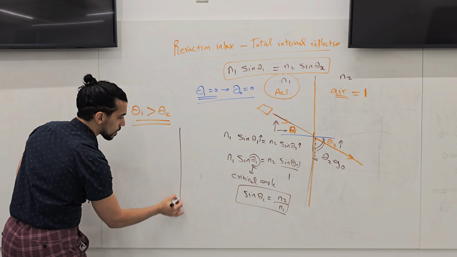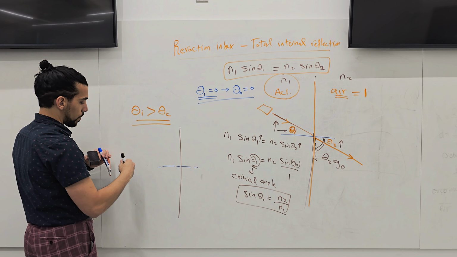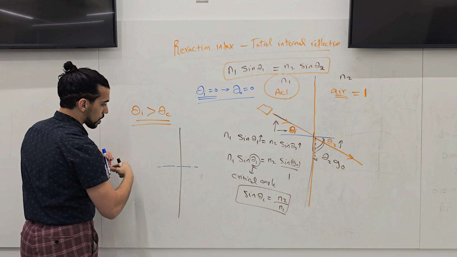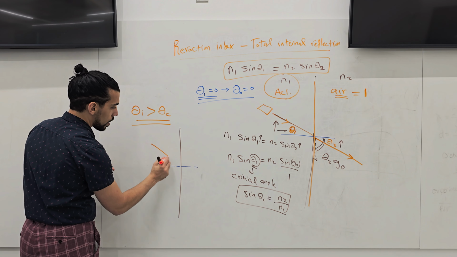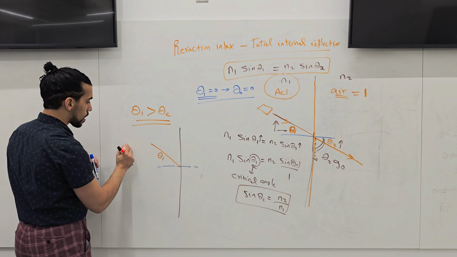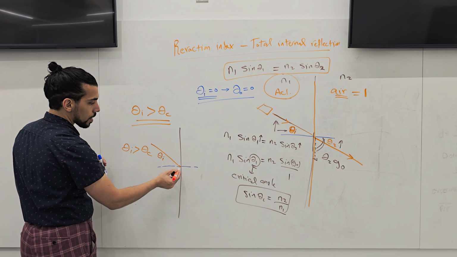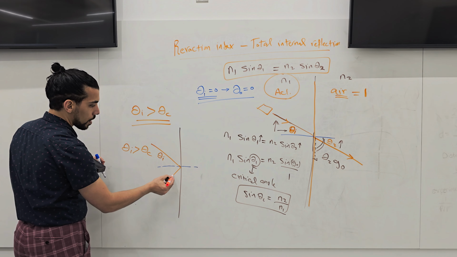Now in this case, let's say this is the center line, and we have the ray going inside. Let's say this is theta incident, and in this case theta incident is bigger than theta critical. So what happens here is we have total internal reflection.